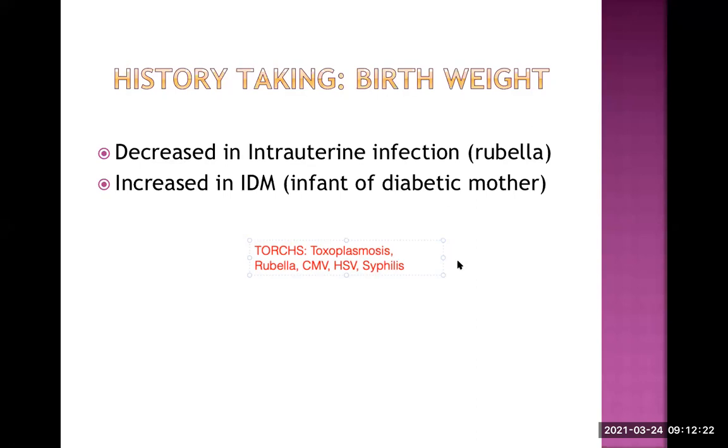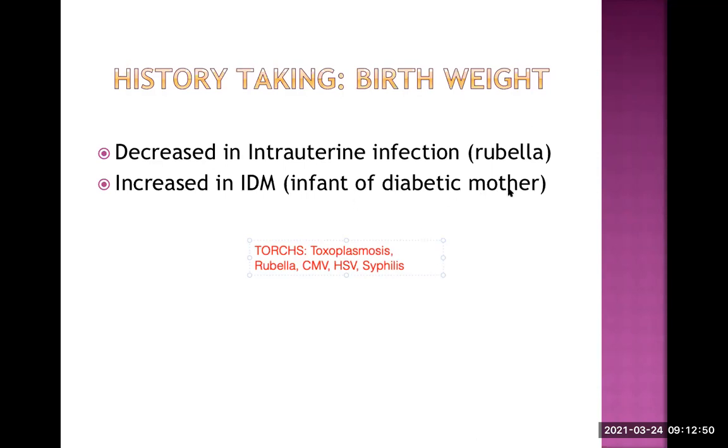If the birth weight is less than the 10th percentile at birth, this is known as small for gestational age. Between the 10th and 90th percentile, it is called appropriate for gestational age, and more than the 90th percentile is known as large for gestational age. I will talk about that in our neonatology classes, where we'll extensively discuss this.